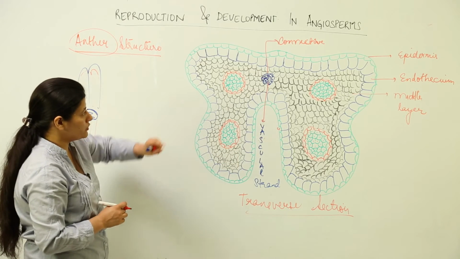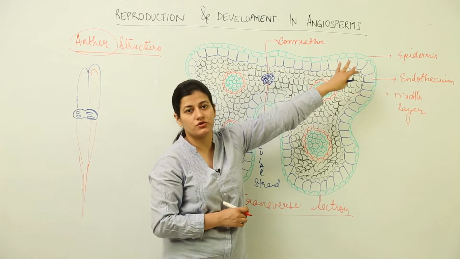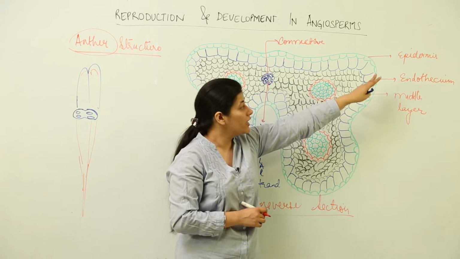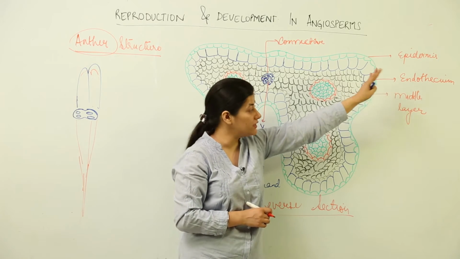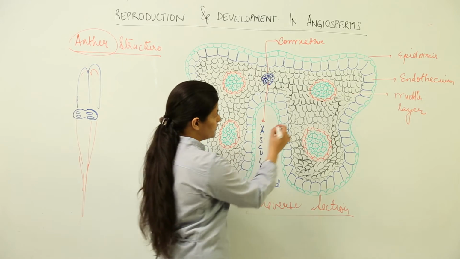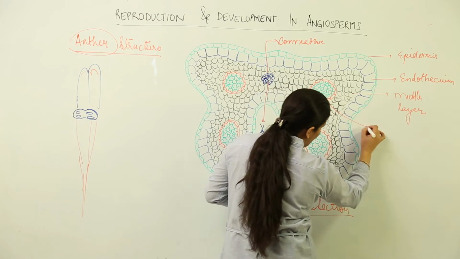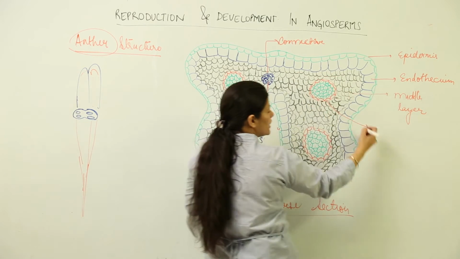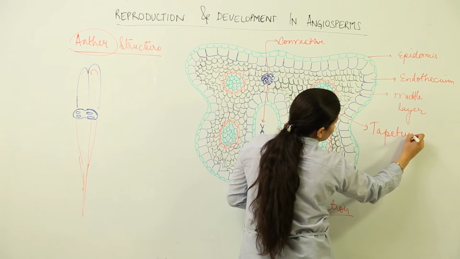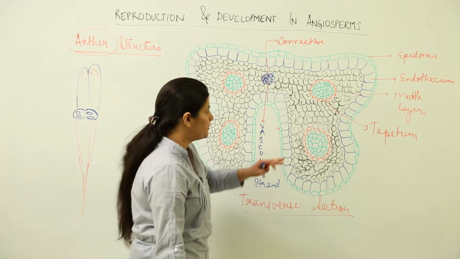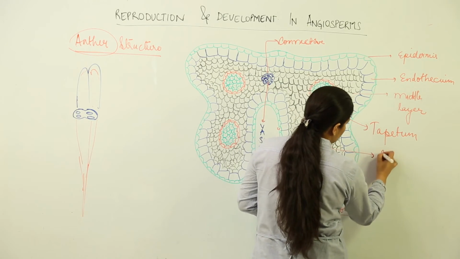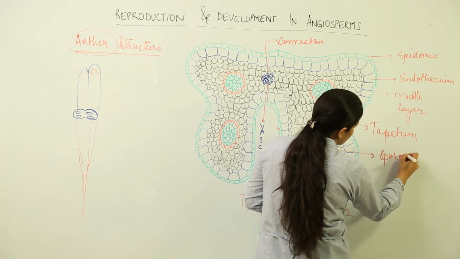So by now what we have studied is that there is an outermost uniform layer that covers the anther known as epidermis, followed by a layer of cells known as endothelium, which is followed by the middle layers, and the red part that you see over here that surrounds the green part is known as tapetum. This layer known as tapetum has a nutritive purpose. Inside tapetum we have the sporogenous tissue.